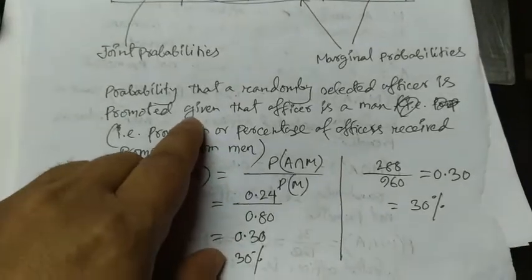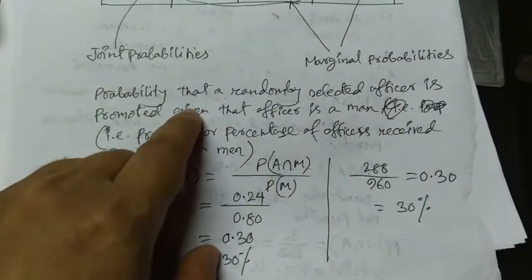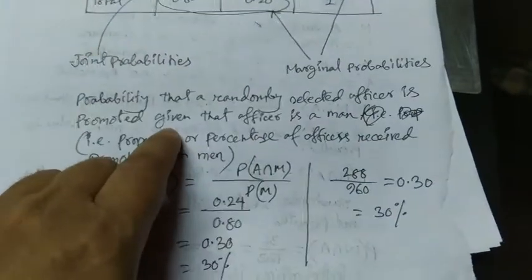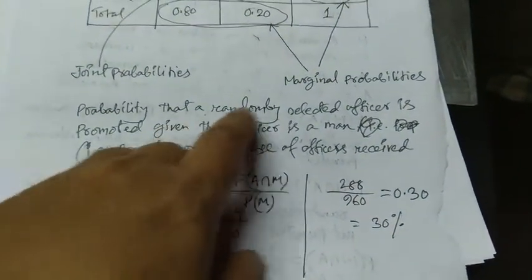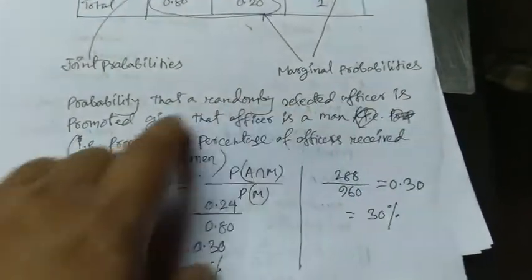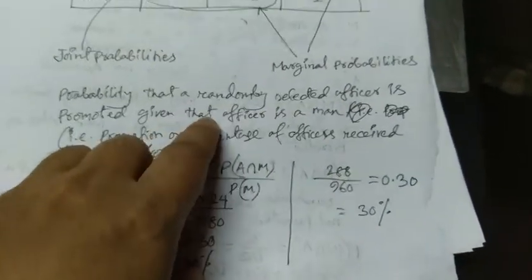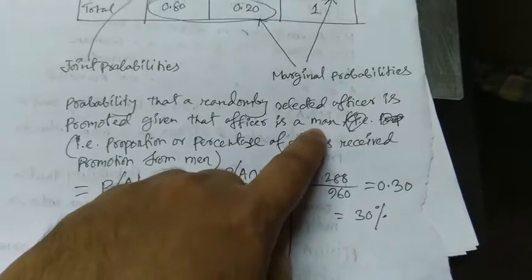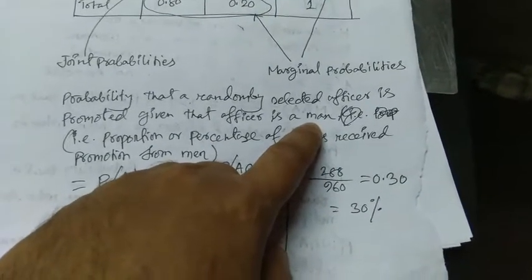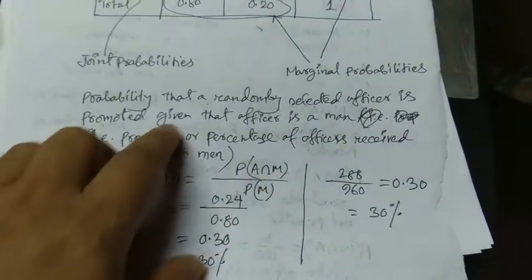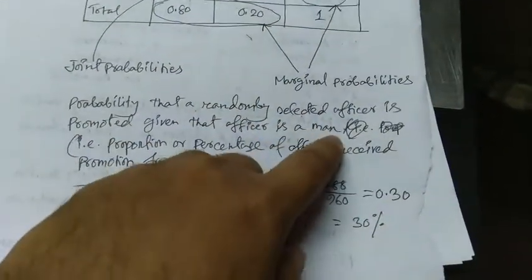Now, the question is asking for the probability that a randomly selected officer is promoted, promoted means event A, given that the officer is a man, that means event M. So the given part is men.